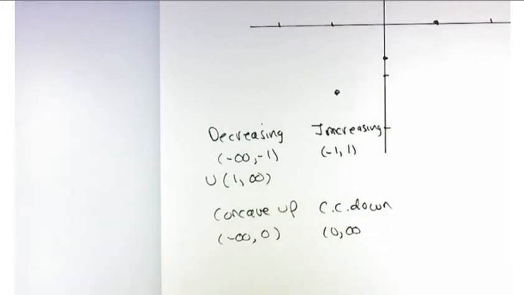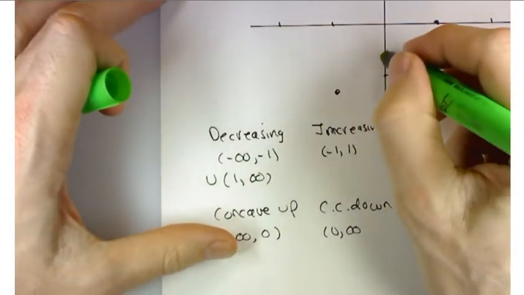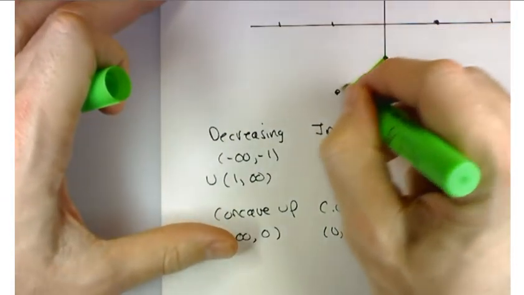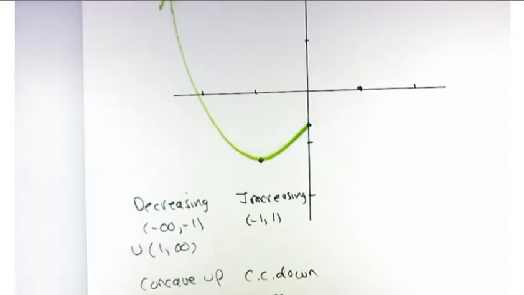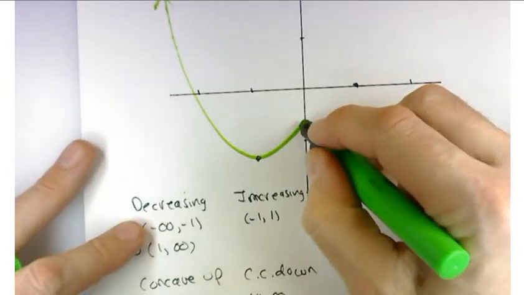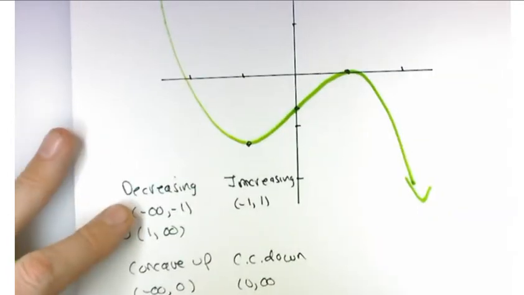So let's make sure our graph matches all this information. Something like that to the left of the y-axis, and then to the right of the y-axis.